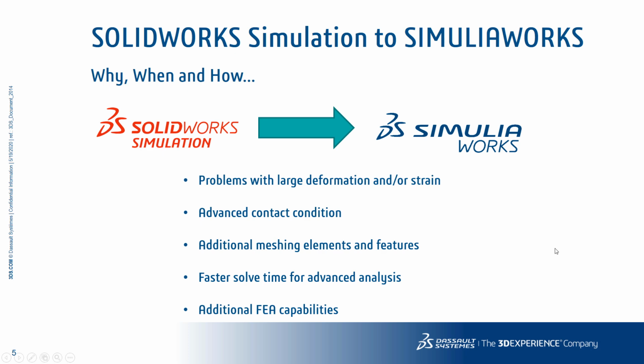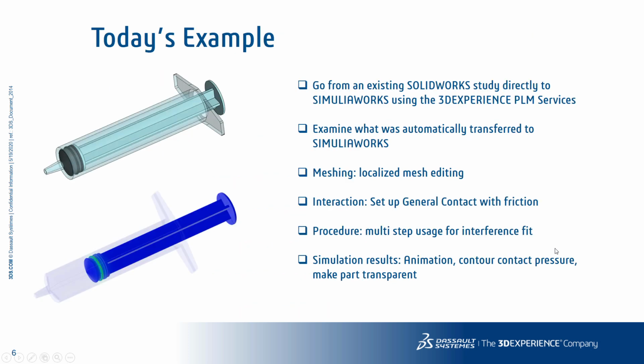But what about how? To take a look at how to transfer your simulation models from SOLIDWORKS simulation to SIMULIAworks, we'll take a look at today's example. And while we run through this example, we will see not only how to transfer SOLIDWORKS simulation studies directly to SIMULIAworks through the 3DEXPERIENCE PLM services.